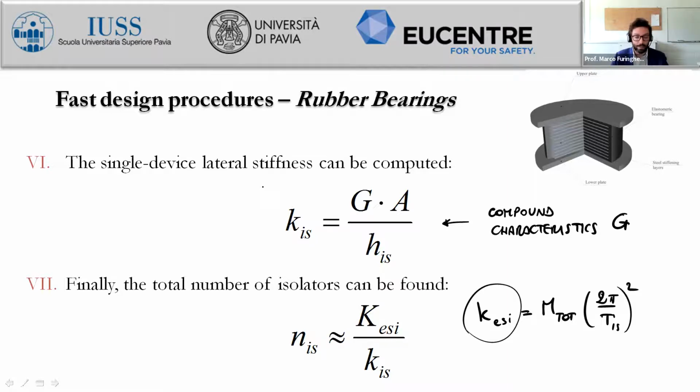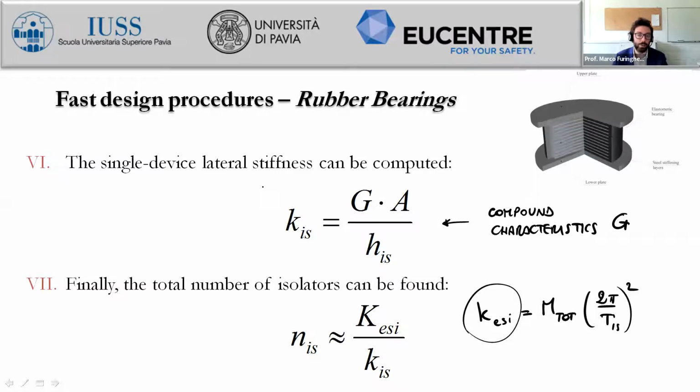What it means is that you have to round this number, but you have to keep in mind that maybe the overall system should be at least symmetric in order to provide the best behavior of the overall system. So maybe it is better to provide an even number and to avoid odd numbers, because with odd numbers we get at least one isolator which cannot be placed easily in the plan view in the layout of the isolation system.